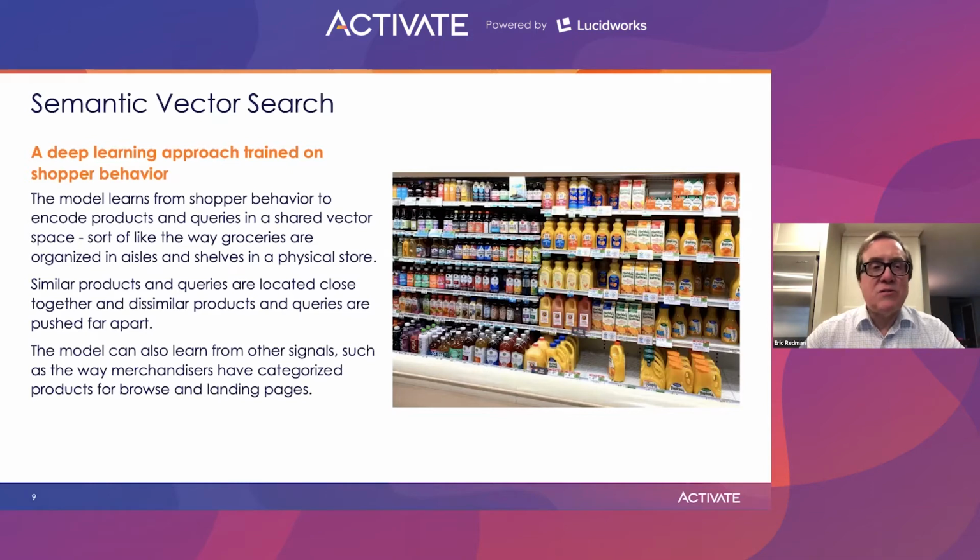And I like this analogy of a grocery store for a real world analogy, which is grocery stores work really hard at organizing products on shelves in a way that when you go looking for one thing, the next thing that might go with what you're doing or what you're interested in is nearby.